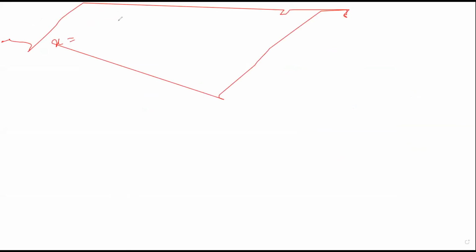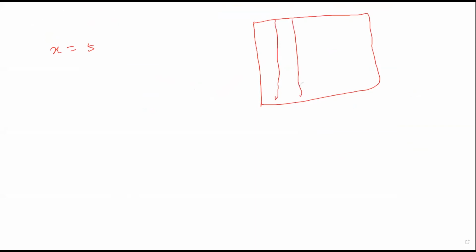So when we write x is equal to 5, what this basically means is, in the RAM, the memory that we have access to, we have taken space for one variable and we have placed 5 in it.